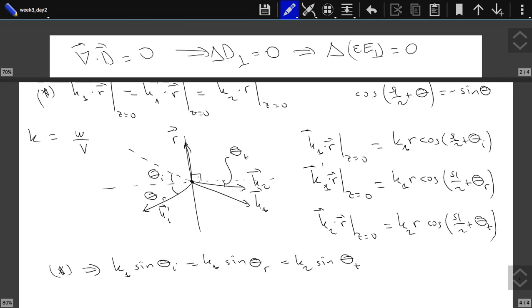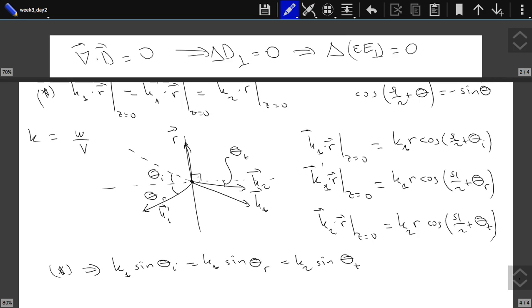I defined these three angles and wrote the definition of the scalar product. I know that those three terms should be equal at every value of r, at every point on my surface. So that condition just gives me this equality.